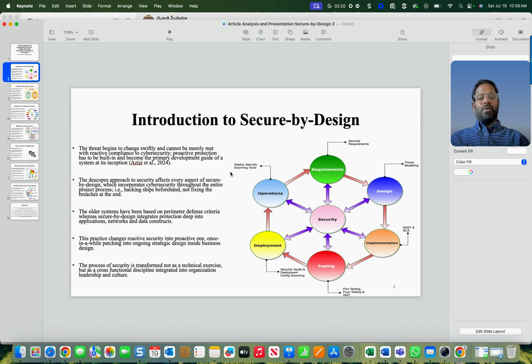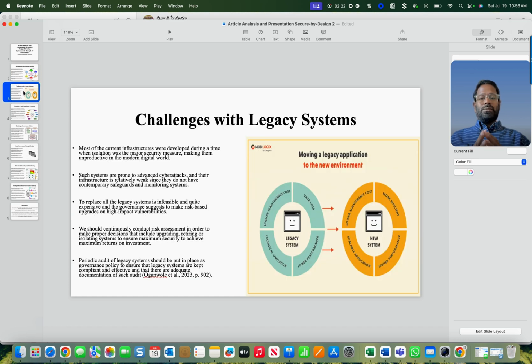Moving forward, what are the challenges with legacy systems? Legacy systems often lack modern security features, making them vulnerable to threats. Their outdated architecture, limited support, and integration issues pose major challenges when applying secure by design principles.